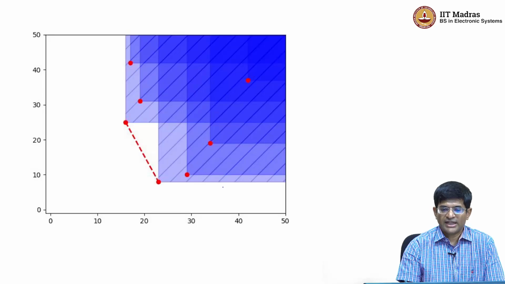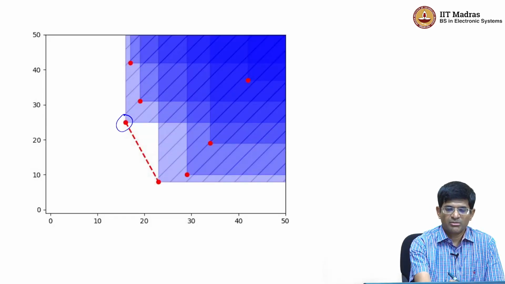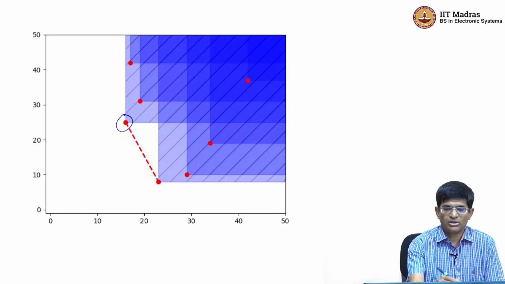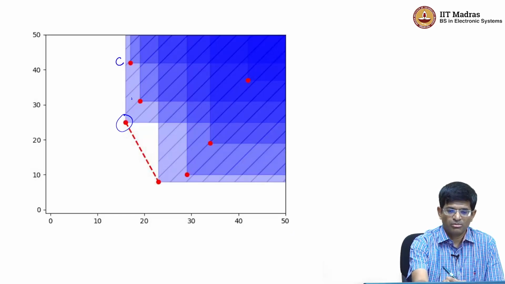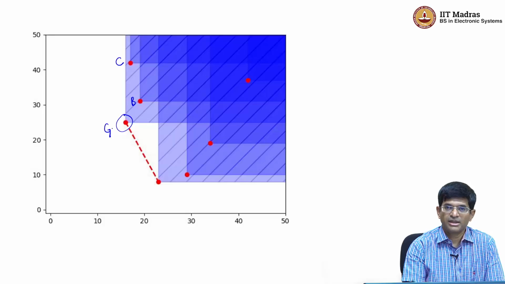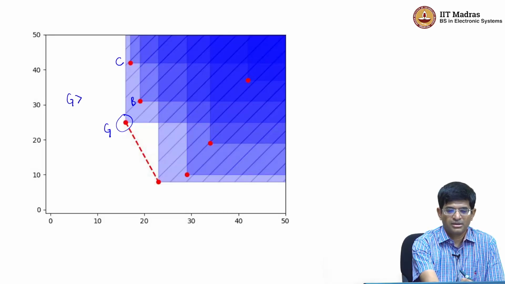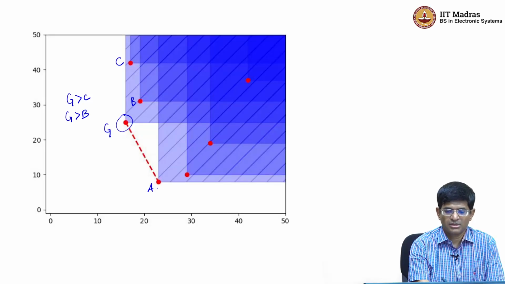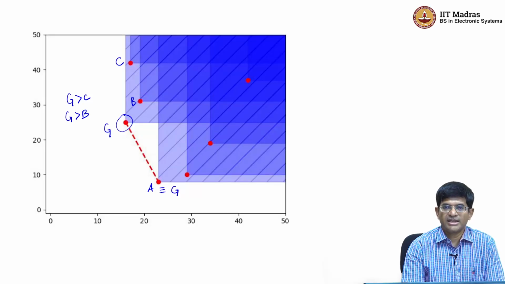I can add more of that, and then suddenly I find that one new point came along out here which basically says, hey look, it didn't matter about B and C. This new point, let me call it G, is better than C and G is better than B, but A and G are still equivalent because I cannot say that G is better than A in all dimensions.